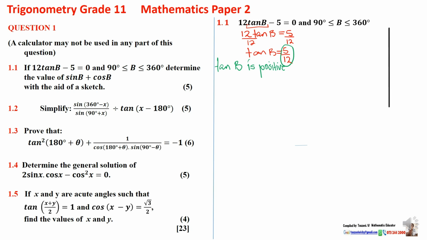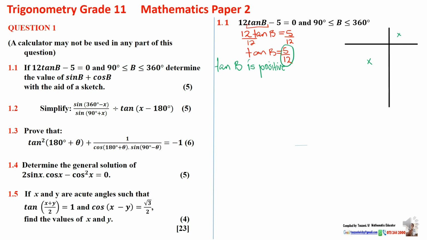Now we are going to draw our triangle in a Cartesian plane. Your triangle must be drawn in the quadrant in which tan is positive. And we know that tan is positive in quadrant 1 and in the third quadrant. The second condition, remember there are two conditions to consider.